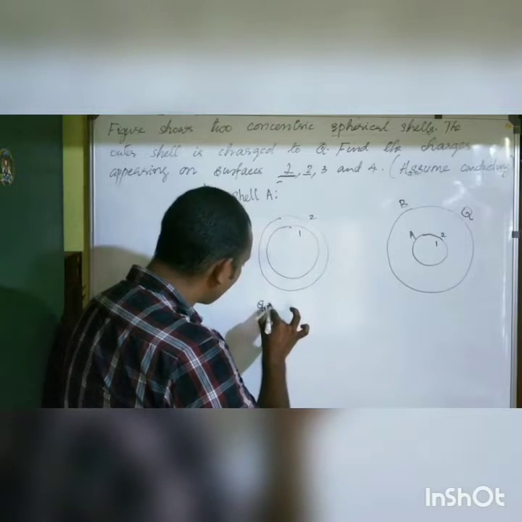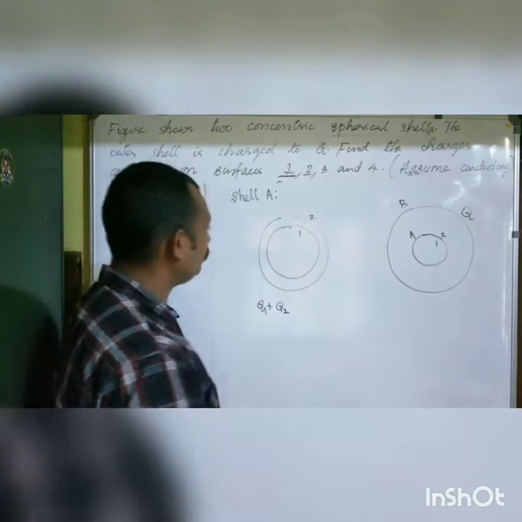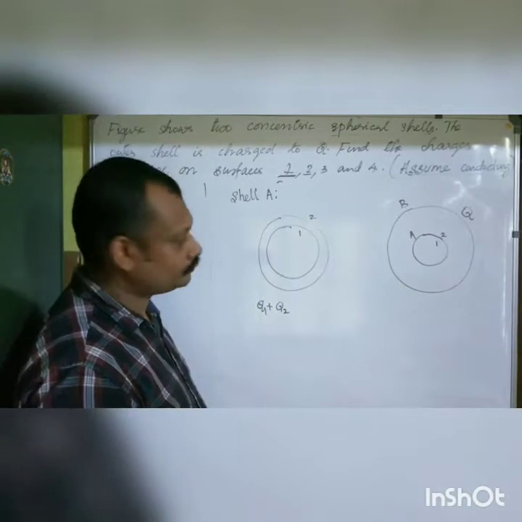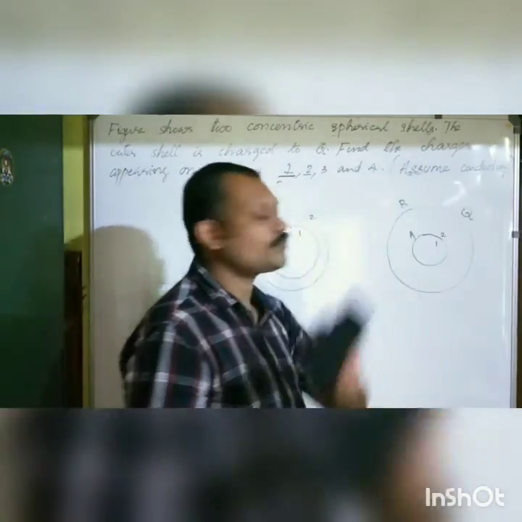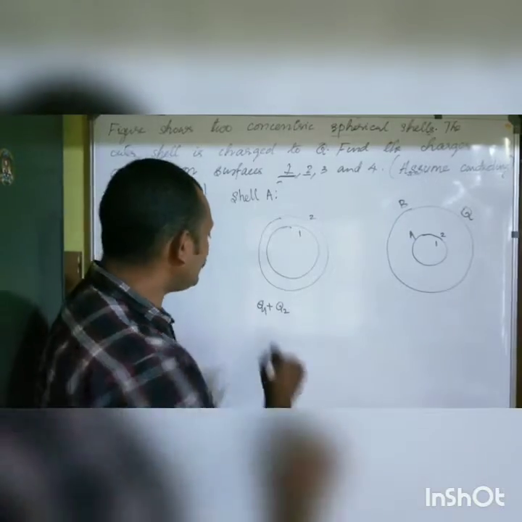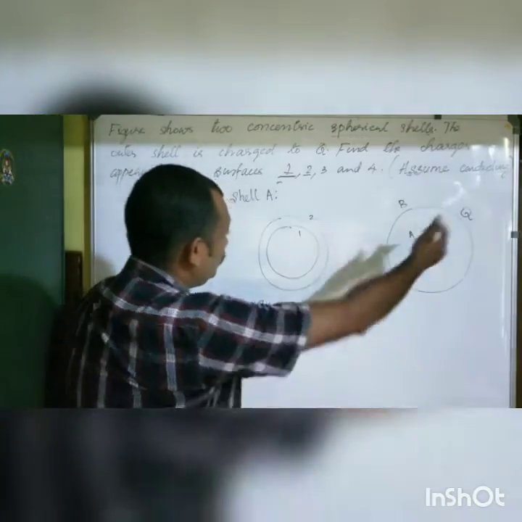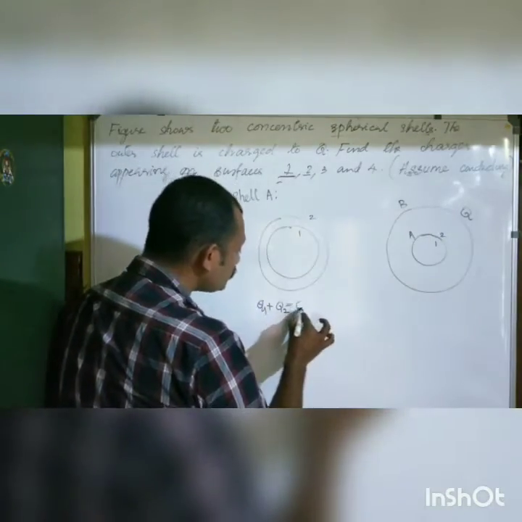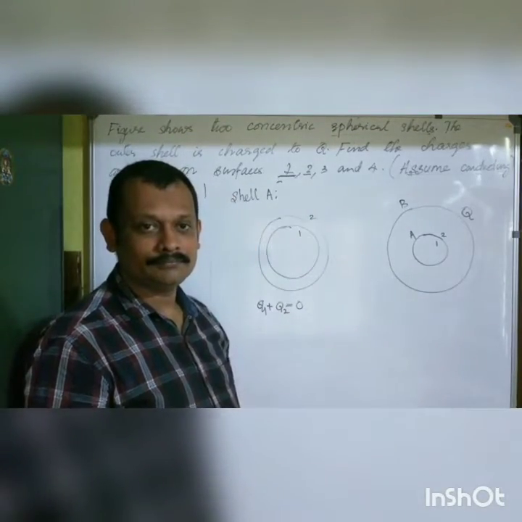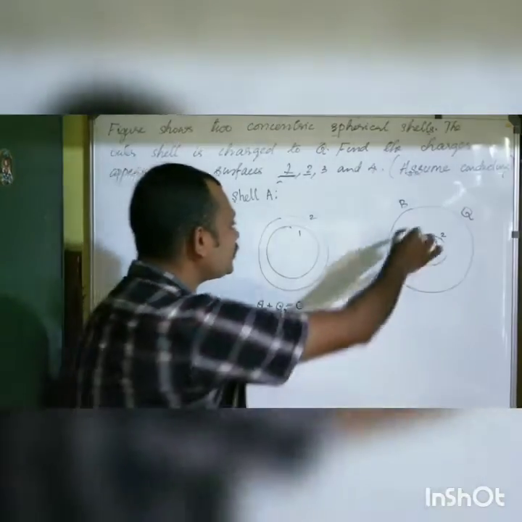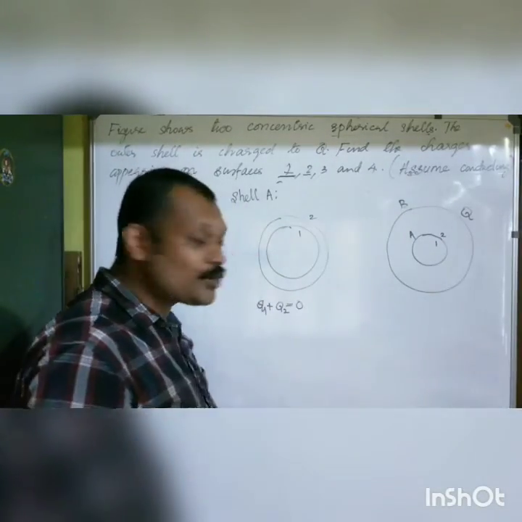Q1 plus Q2. But where is the charge given? It's given on the outer surface of the sphere, right? That means what is the charge on the inner shell? 0. There is no charge here. Inner shell does not contain any charge. So Q1 plus Q2 is equal to 0.